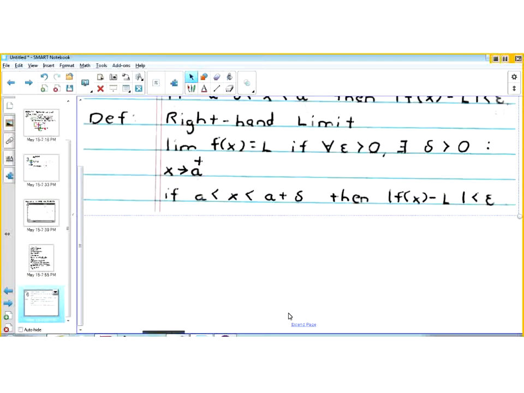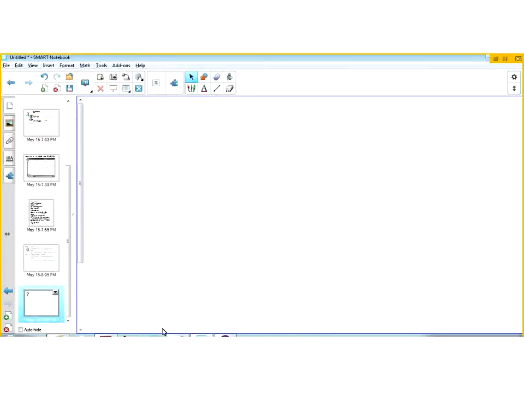So where this becomes useful is, suppose we want to prove limits for functions like the natural log of a function or the square root of a function, and we want to know if those limits exist. So let me show you one.